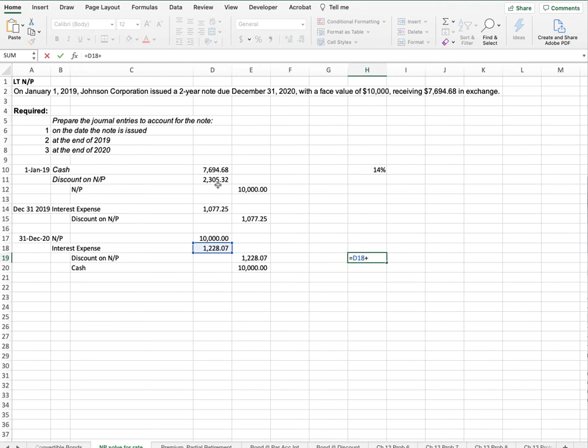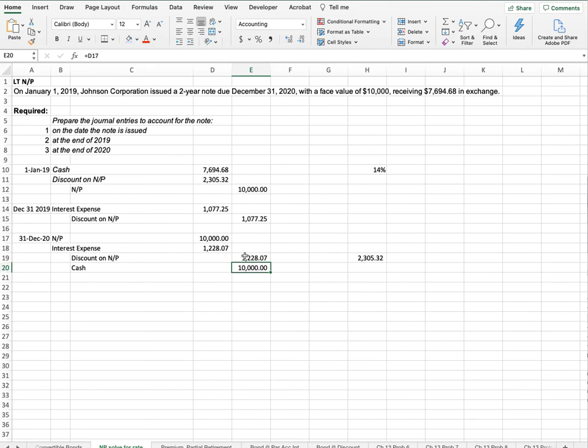our total discount, by adding the two interest expenses together, and that should equal our discount on the notes payable, and it does. So of course, if you didn't want to bother doing the long math, you could have just said the original discount minus this credit to the discount to get the difference.